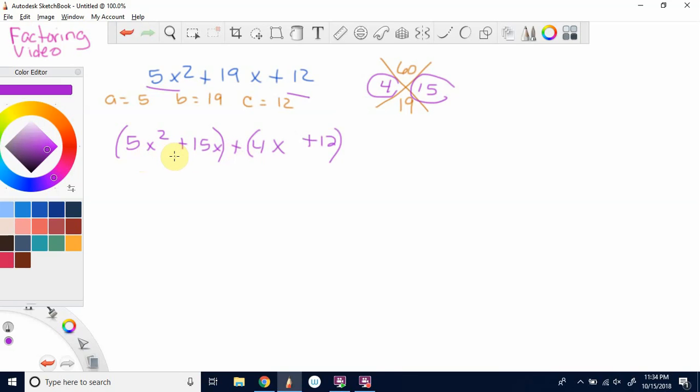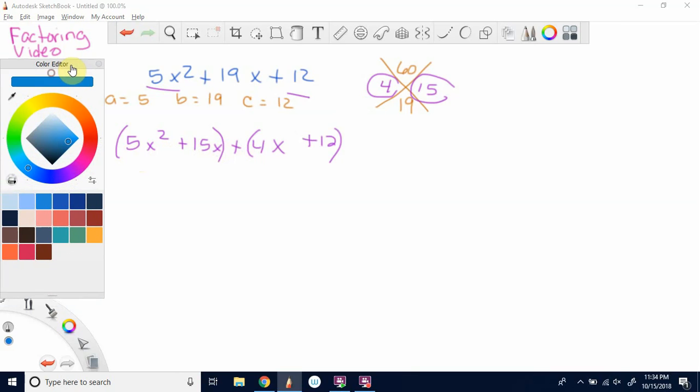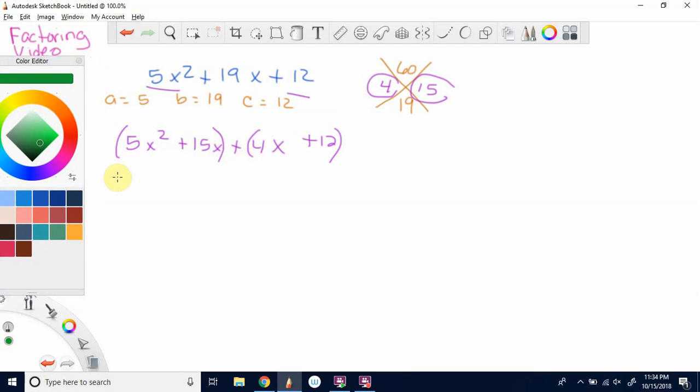So I'm going to take these two terms, so they have a common factor. They do, and it's going to be what? Let's see, I like to play with the color wheel. So it's going to be 5x. So I'm going to factor out a 5x, and I remember when you factor out, you're dividing each term by it. I've put them in parentheses.